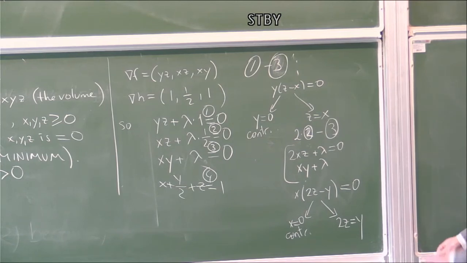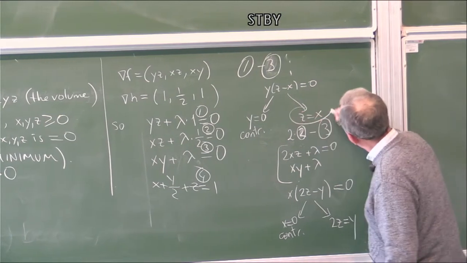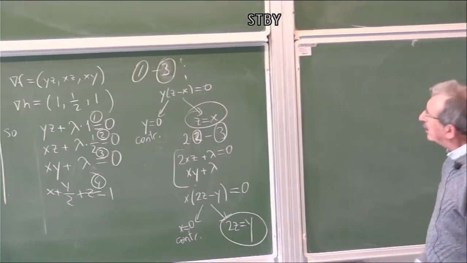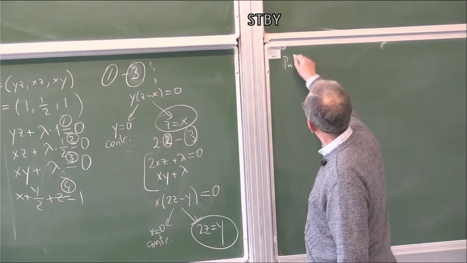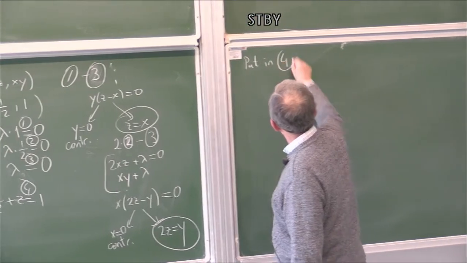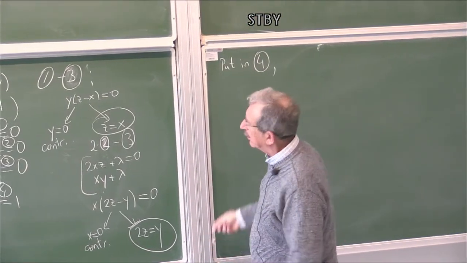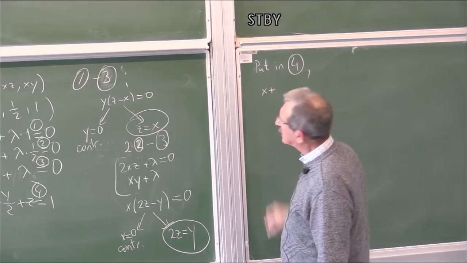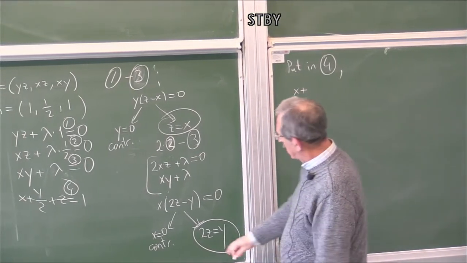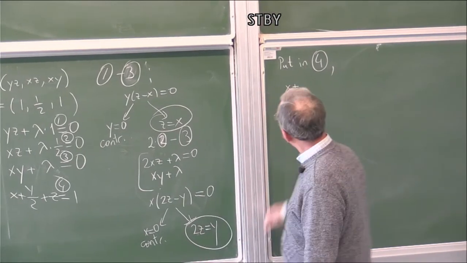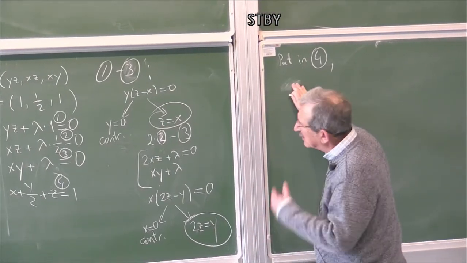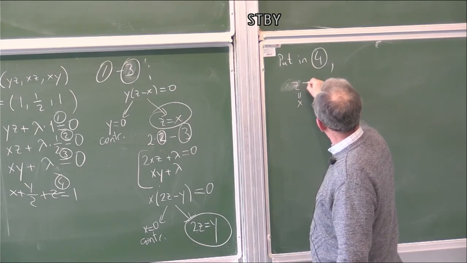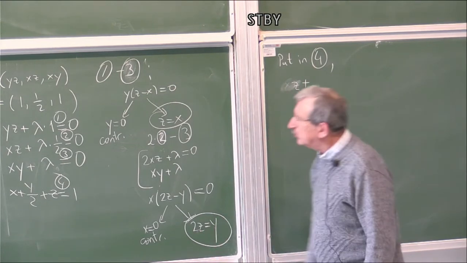Now we have z is x and 2z is y. So put in 4, namely, we have x plus y is 2z. Maybe we should change them to z's. x is z, plus y is 2z.